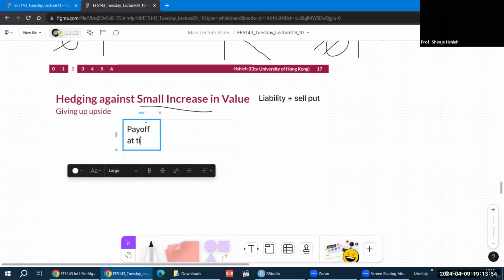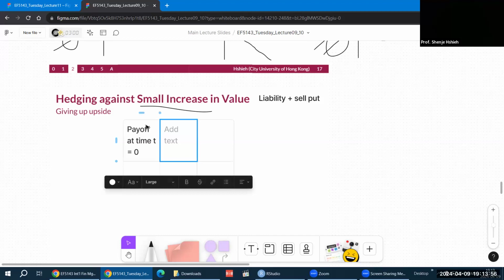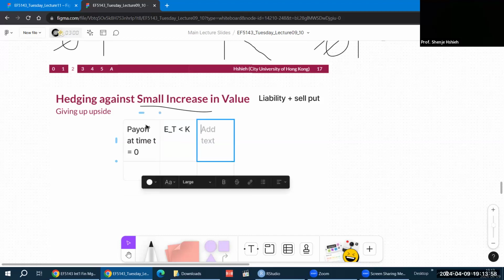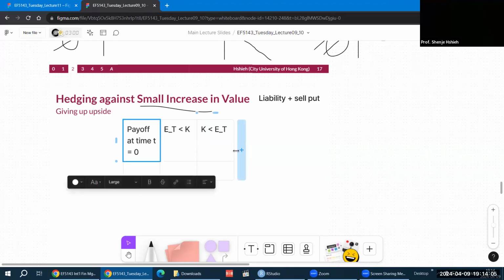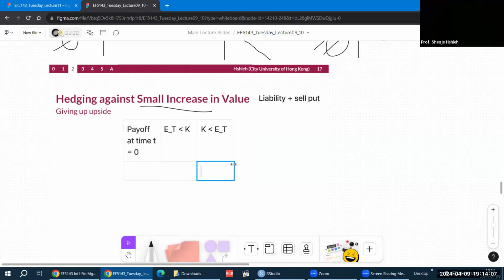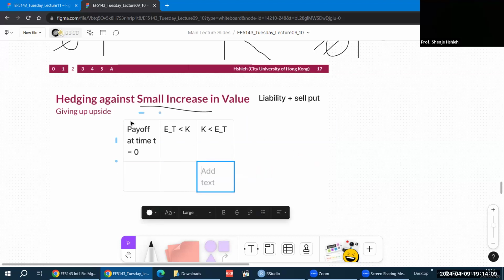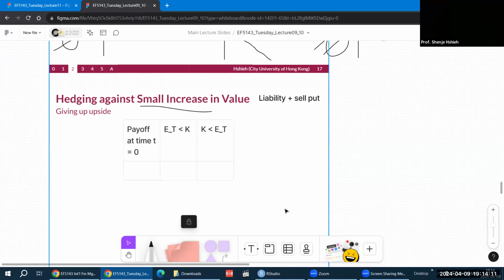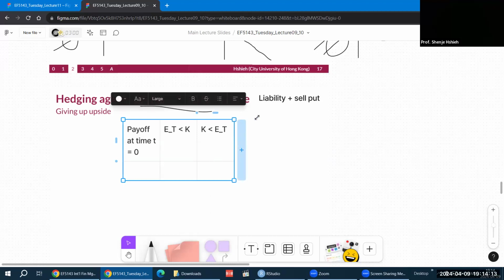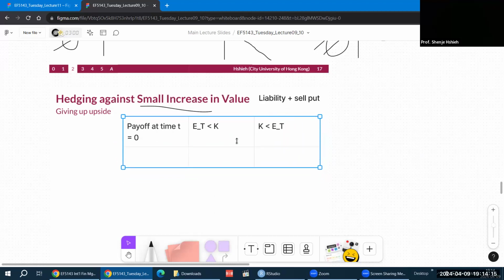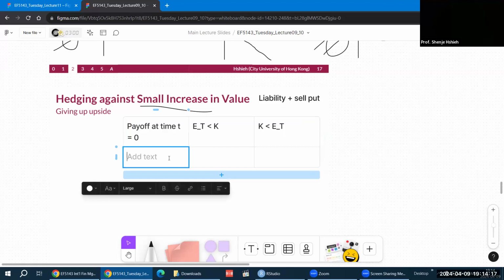So let's do a payoff table. Let's look at our original portfolio position.